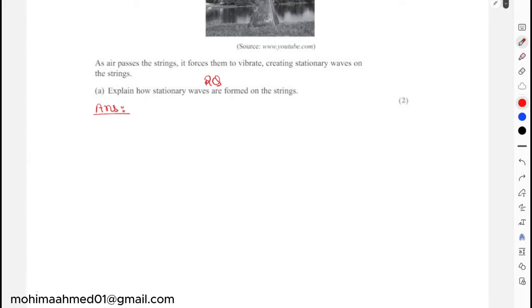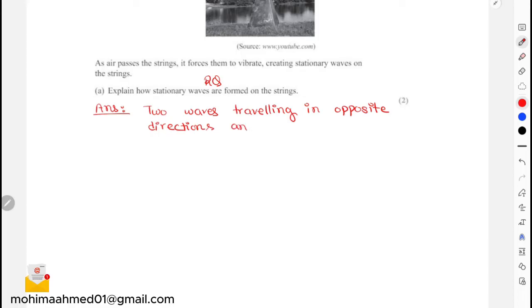We're just going to write that 2 waves traveling in opposite directions, causing them to superpose.